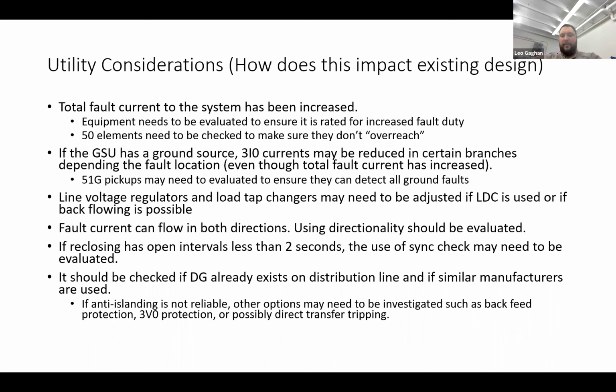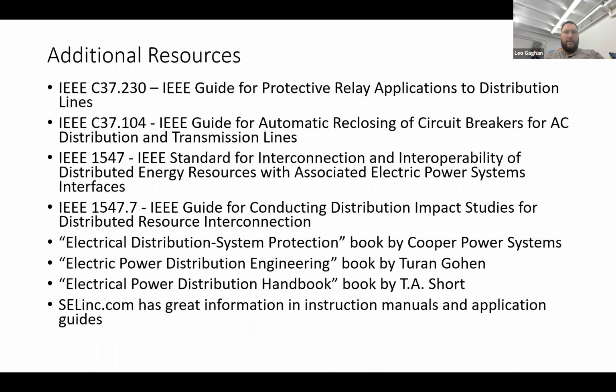That's pretty well characterized by a 3V0. And then even the possibility of using some direct transfer tripping may be needed as well, if that anti-islanding isn't reliable. So I think that's it for the lecture.